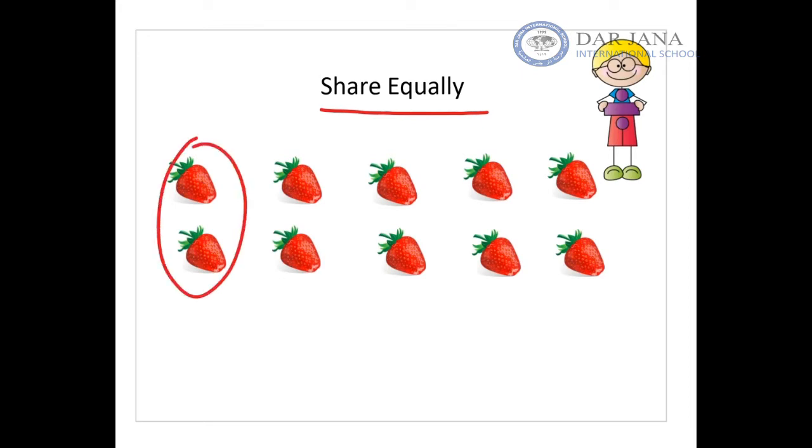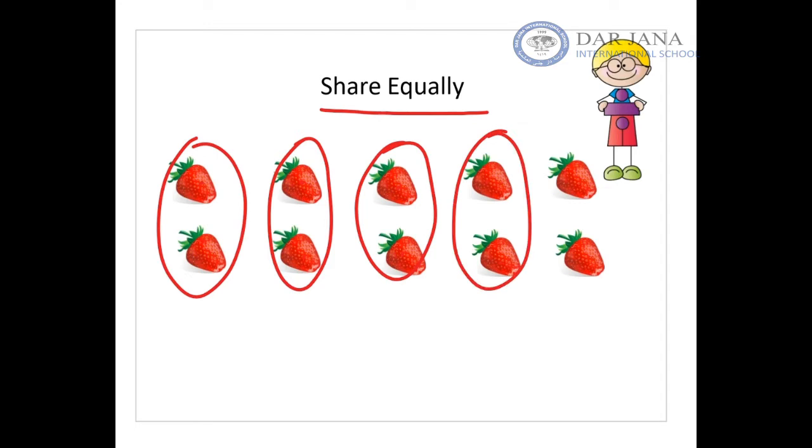Still I have other strawberries. I can take away another 2 strawberries, 1, 2, in another cup. Still I have more, so 1, 2, I can put them in a cup. So every time, if you notice, I'm taking away 2 strawberries and putting them in a cup.